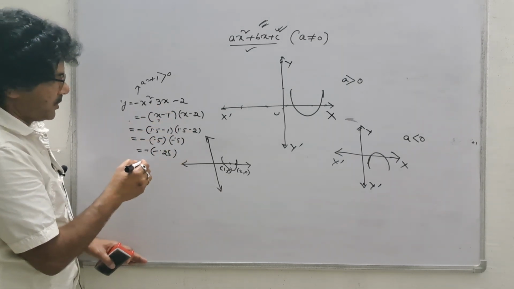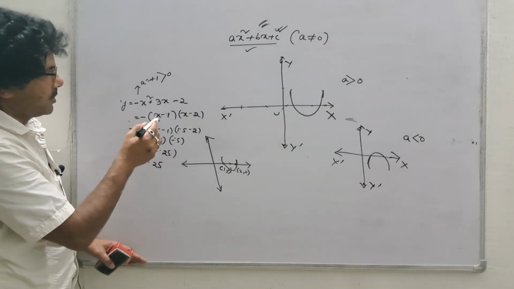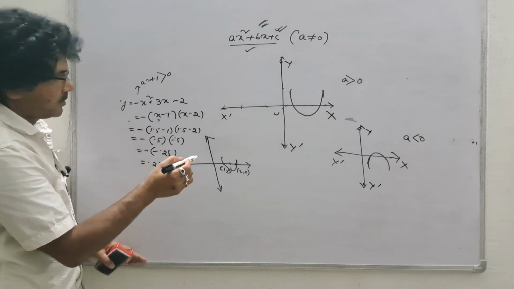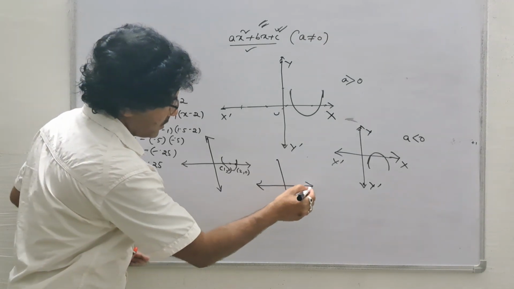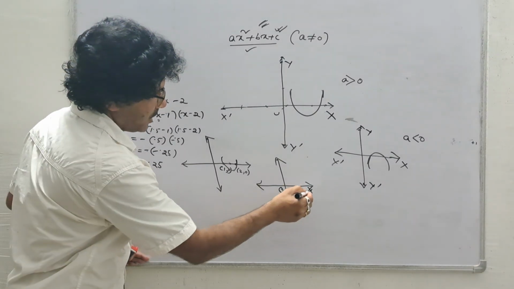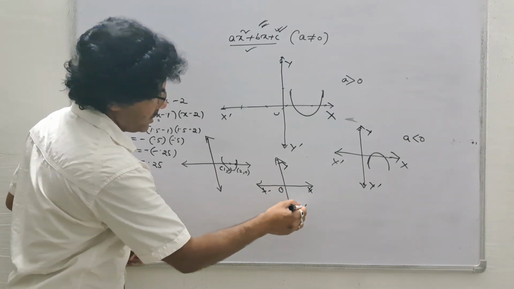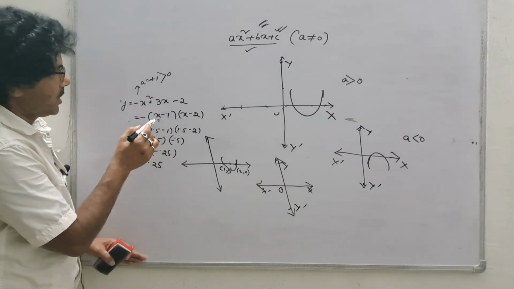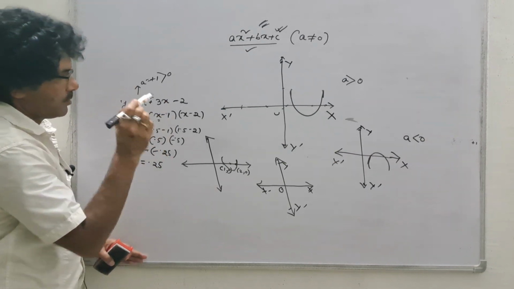Okay, now minus plus. Here also x equal to 1, you see, x dash, y dash. If x is equal to 1, then what y value will we get? 1 minus 1, 0, so it will be 0.